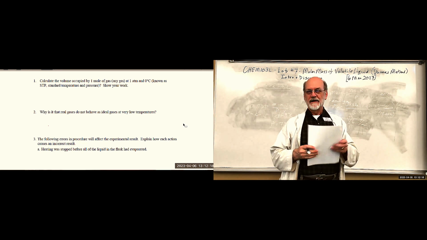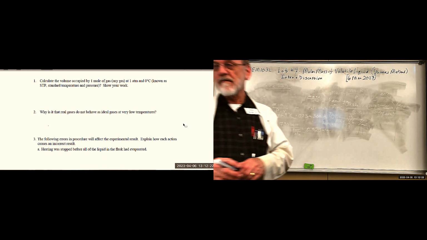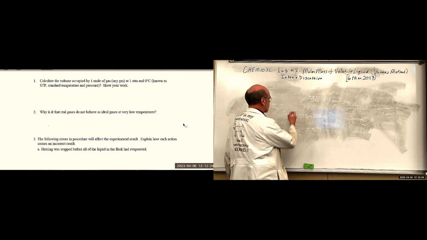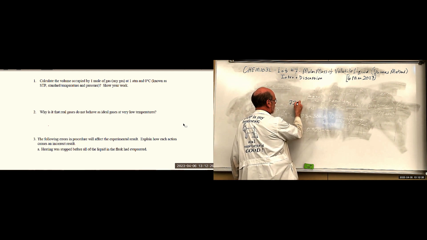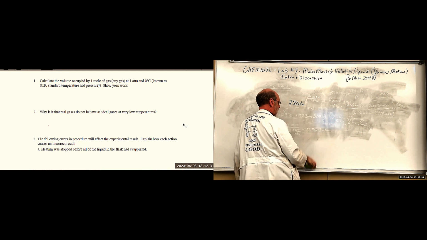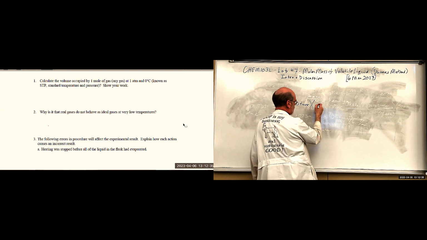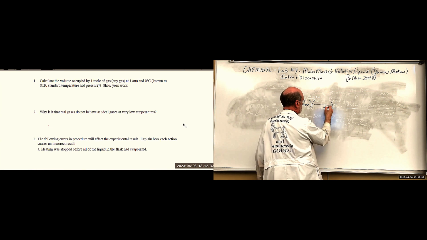To convert that to atmospheres, you divide it by 760. So let's say we have 724. We use dimensional analysis to convert it.